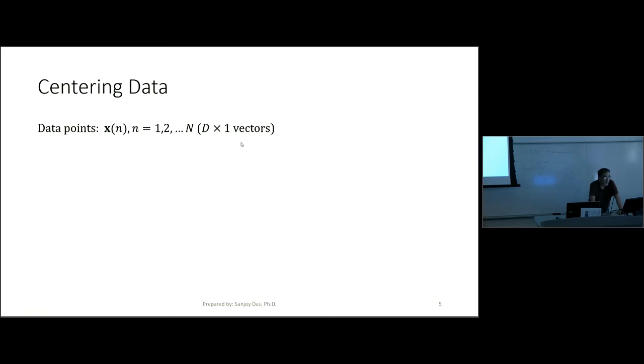So once again, we have the data points. Let's say we are looking at the US, and the cities are the horizontal and vertical coordinates. All 48 contiguous states are in the northern hemisphere, right?